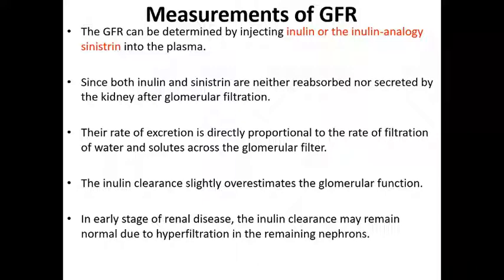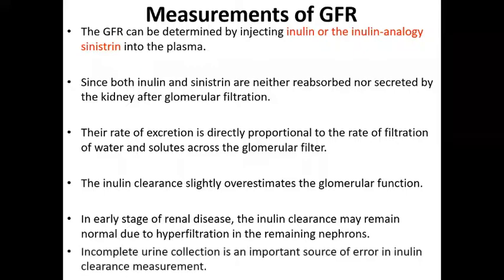That's why in early stage of renal disease, the inulin clearance may remain normal due to hyperfiltration in the remaining kidney nephrons. But with time, you'll be able to see that the glomerular filtration rate is reducing because most of the kidney nephrons now are affected. So incomplete urine collection is an important source of error in inulin clearance measurement.